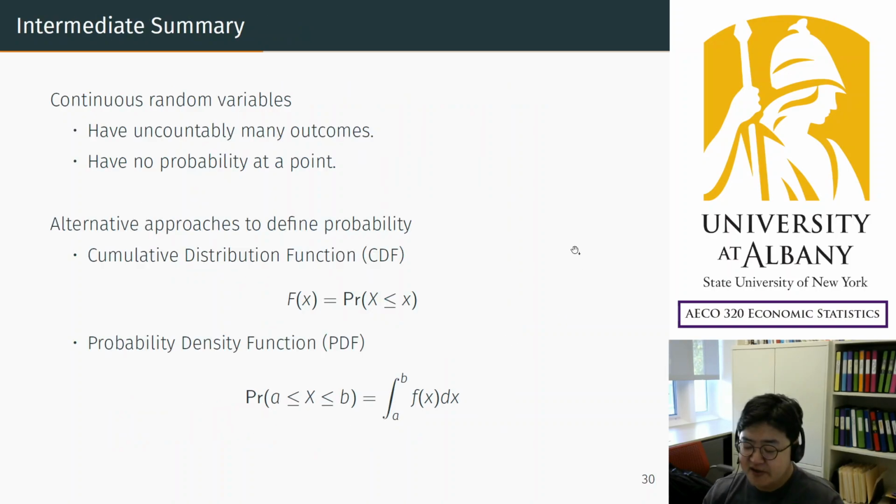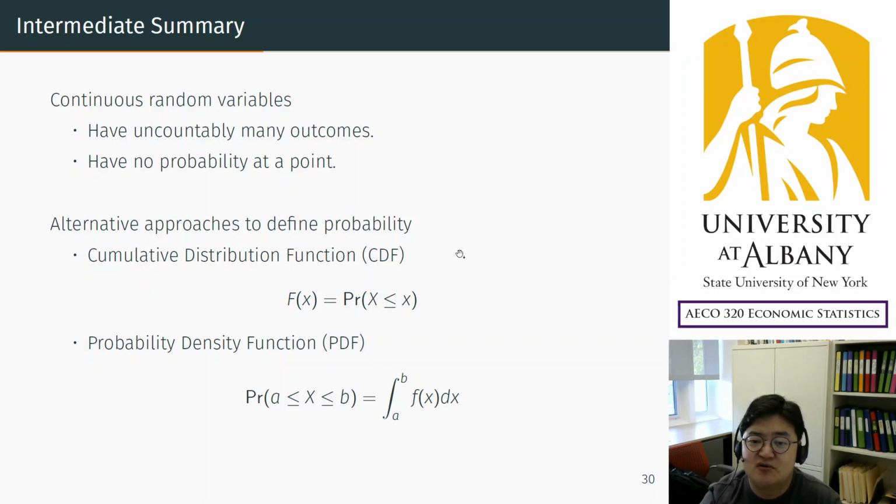So far it was an introduction to continuous random variables. Continuous random variables have uncountably many outcomes, and they have no probability at a point. Because of these two reasons, we cannot use our previous approach, like listing all the possible outcomes. Instead, we have two alternative approaches to define probability.